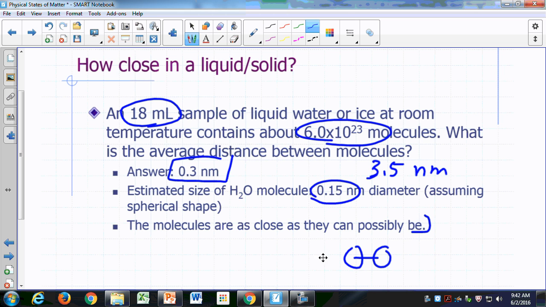And when that happens, that's why you can hardly change the volume of your solid or liquid. Because if you try to squeeze them further in, as we'll talk about later, what do we know about molecules and atoms? They have charged particles, nuclei and electrons.